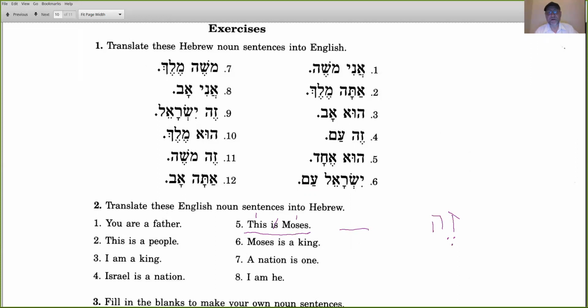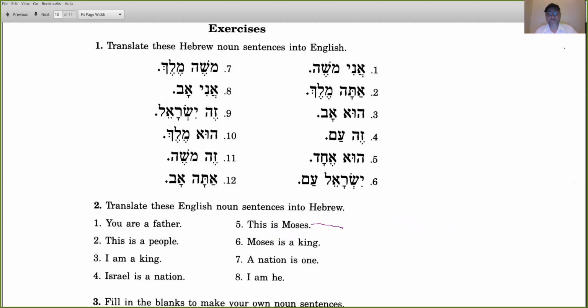Now we need the word Moses in Hebrew, and that is Moshe. So we use a mem. We have a holem and superlinear dot all in one pointing. Mo, and we have a hey. Ze, Moshe. That's how number 5 should look.